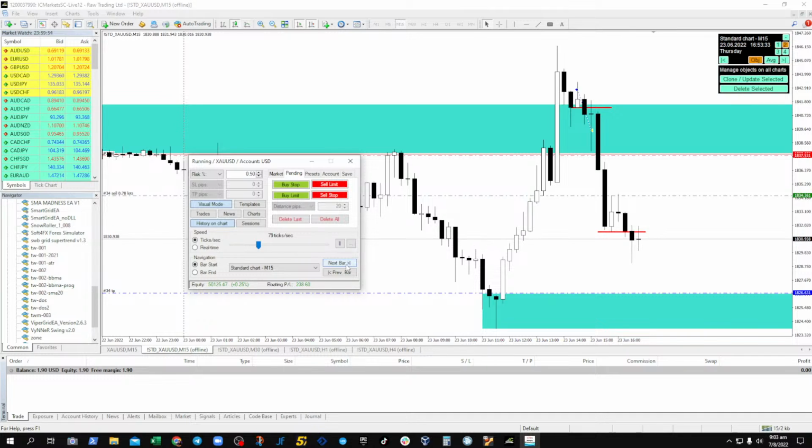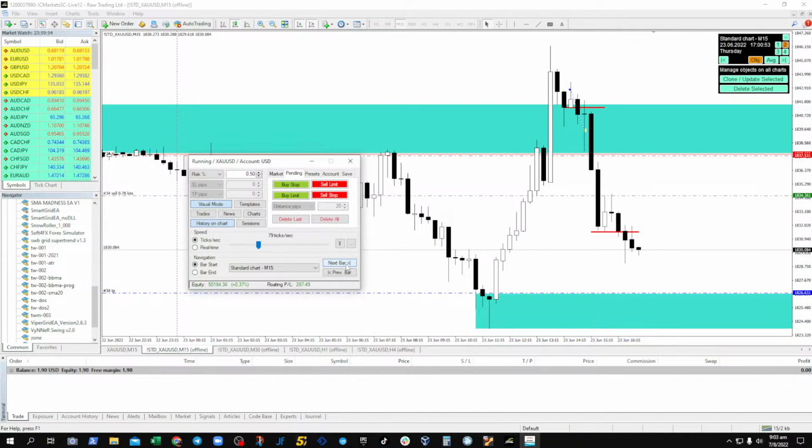Okay, so now it's almost 10 p.m. Okay, so looking at this, I'm gonna close this here. Price almost reached here. I don't want it to reject, else we'll not be able to close it.